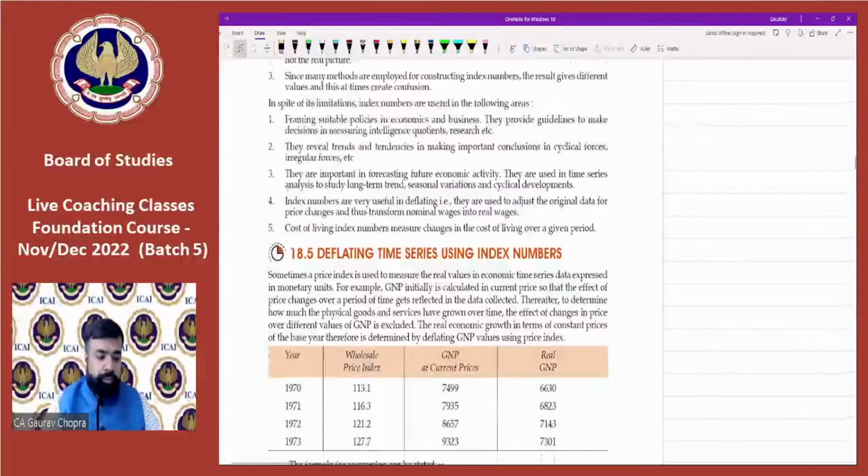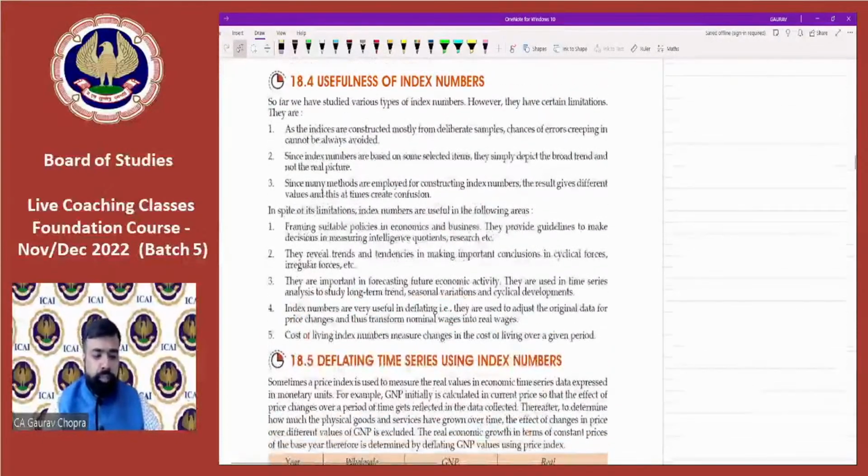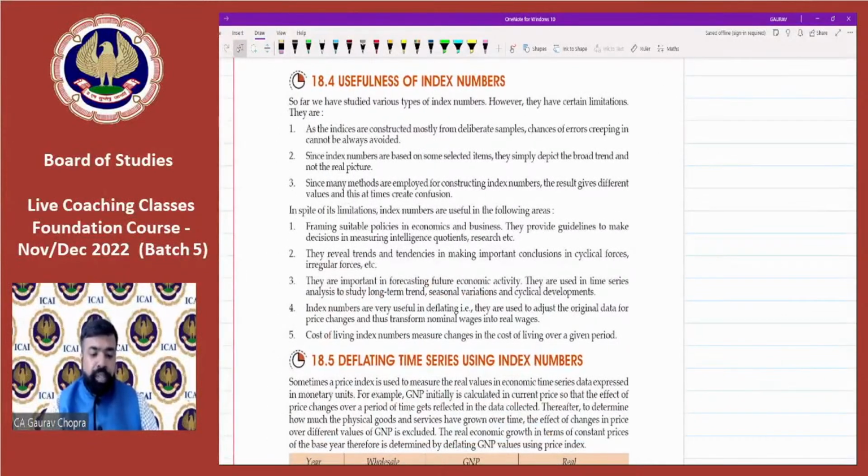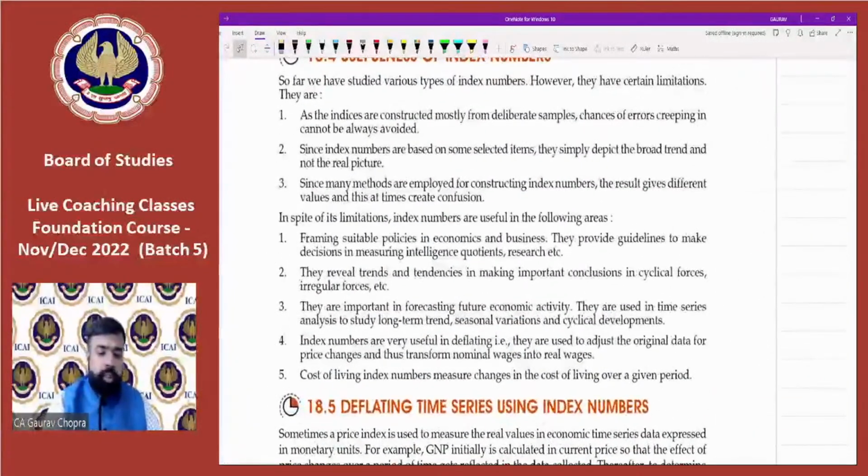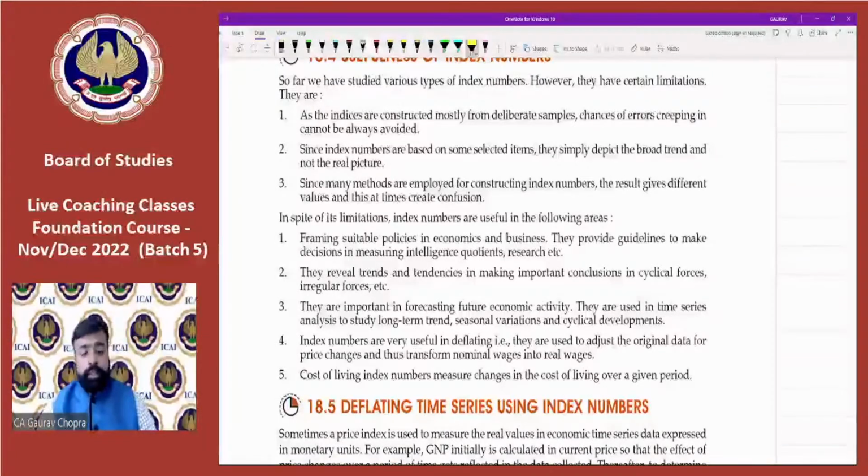So now comes usefulness and limitations of index number. So just some basic usefulness, just we can read it out. So index number is basically constructed from samples, and samples are always having some challenges that error might occur. So whenever we are constructing index number from sample, some errors might occur.